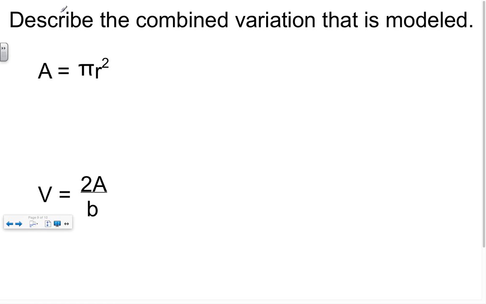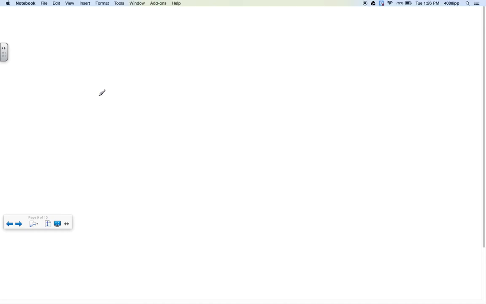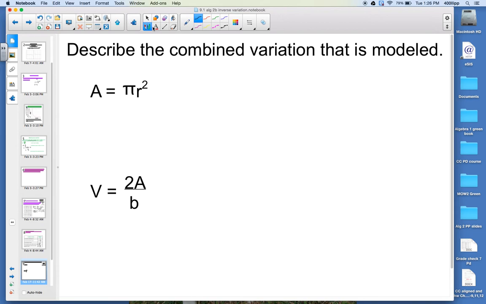Okay, and then finally we have to describe the combined variation that is modeled. So to do that, we are going to write this as, if we have pi, it is a constant because it's not changing, so it's a number. So pi is your constant of variation, so we don't write pi in.